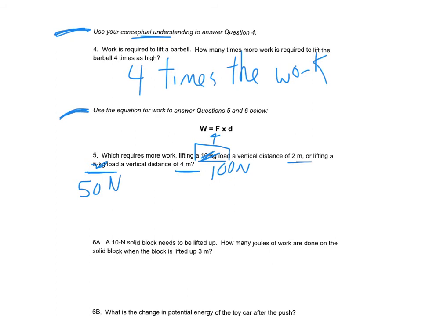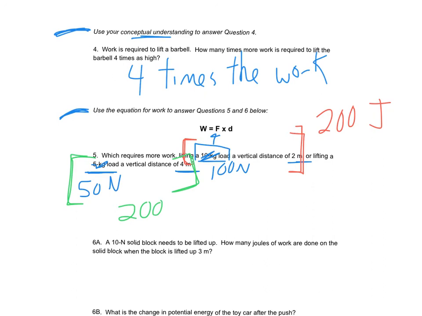So for this first box, that's going to be 100 times 2, so that's going to be 200. And newtons times meters gives us joules. And then the second box is 50 newtons, a distance of 4 meters, and 50 times 4, that's also going to give us 200. And when we multiply newtons times meters, we get joules.